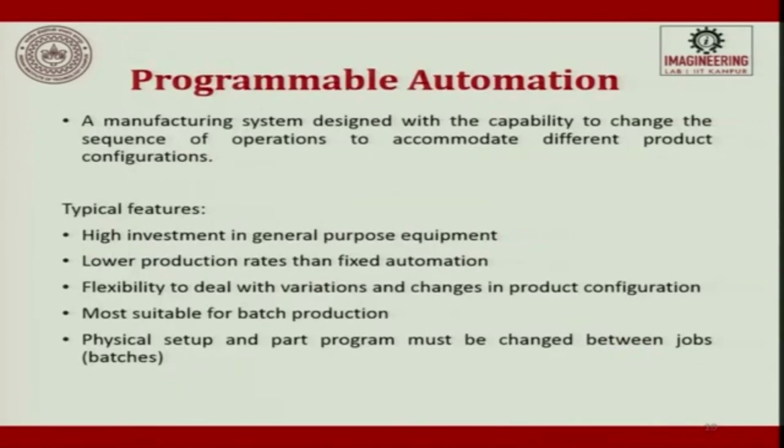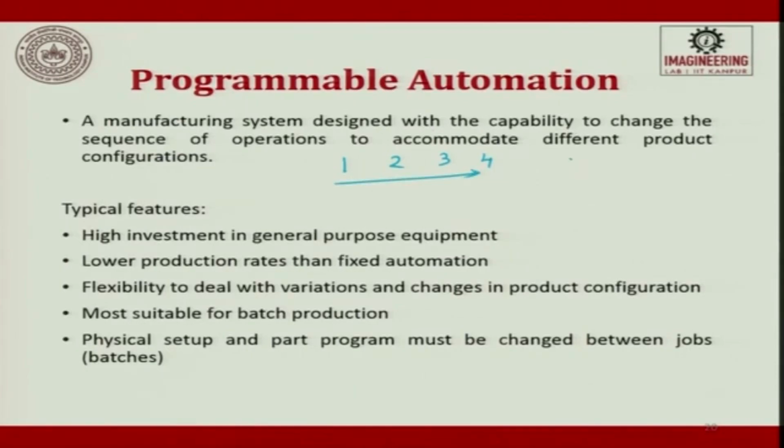When we go to programmable automation, the manufacturing system is designed with the capability to change the sequence of operations to accommodate different product configurations. Say for example, there are 1, 2, 3, 4 operations. In fixed automation, it goes through 1, 2, 3, 4 only.